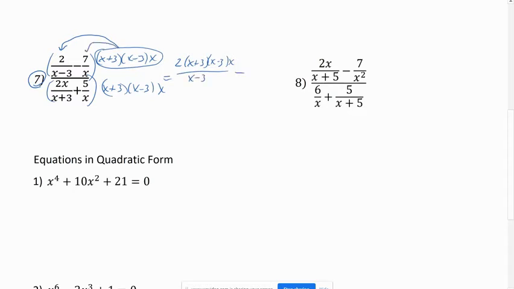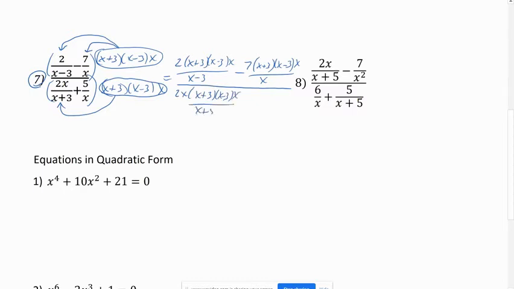Then when I multiply here, I have minus 7 times x plus 3, x minus 3, x over x divided by, when I multiply all of this here, I now have 2x, x plus 3, x minus 3, x divided by x plus 3. And then I have 5, when I multiply here, I have 5, x plus 3, x minus 3, x over x.